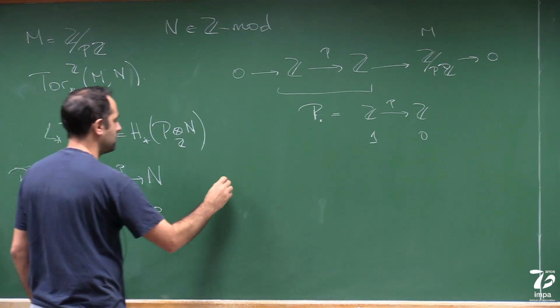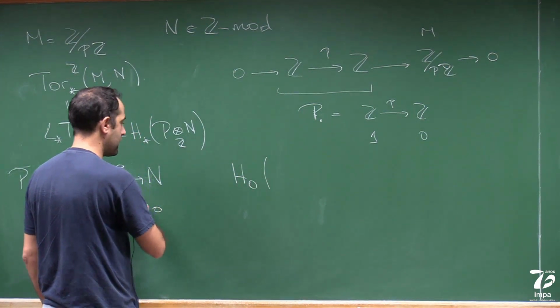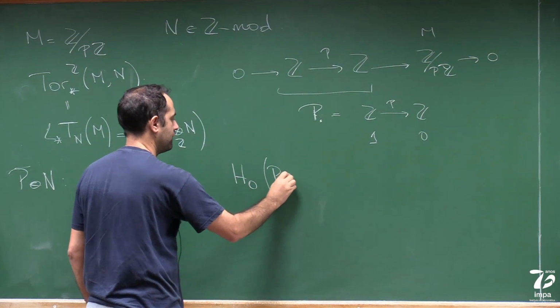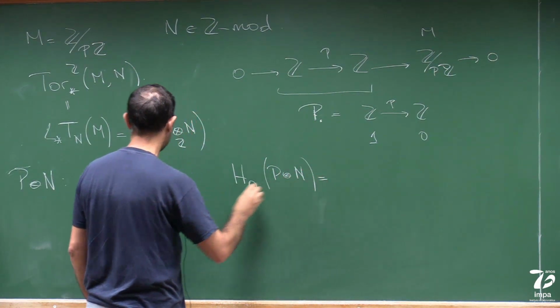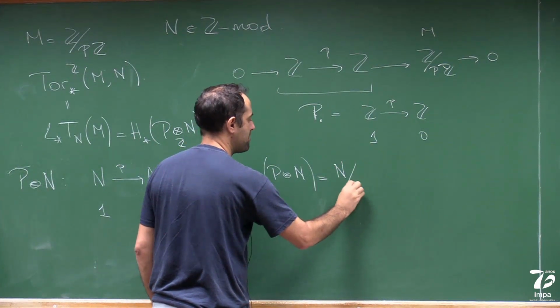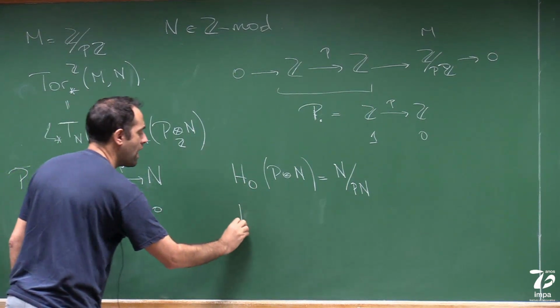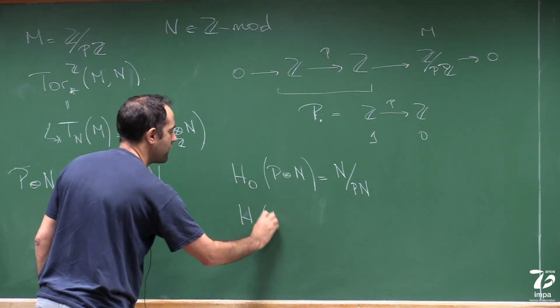So the homology of this complex in degree 0 is the co-kernel of this map, which is N divided by PN, and the homology in degree 1 is just the kernel of the differential.